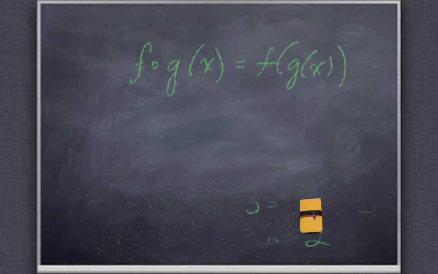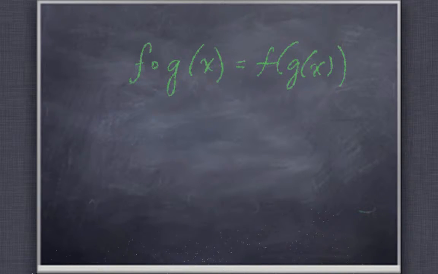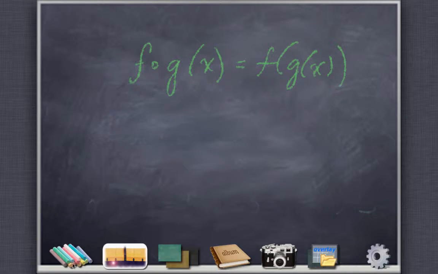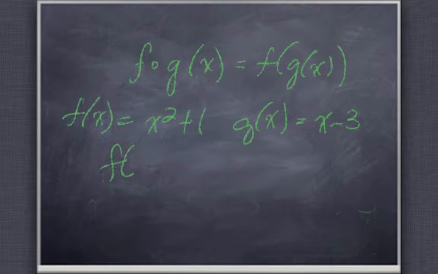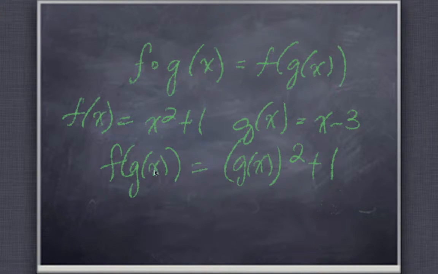Okay, so f of x was, so if we do it in the opposite direction, f of g of x is g of x squared plus 1, because whatever you plug into f, you square it and add 1.